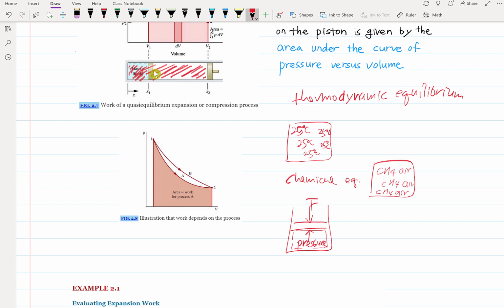Since there is no pressure change within the system, F is equal to P, the pressure by the gas, times the area of the piston. This is called mechanical equilibrium.